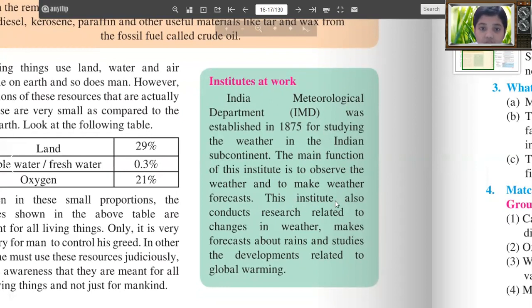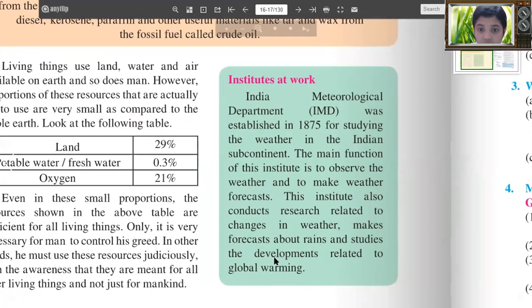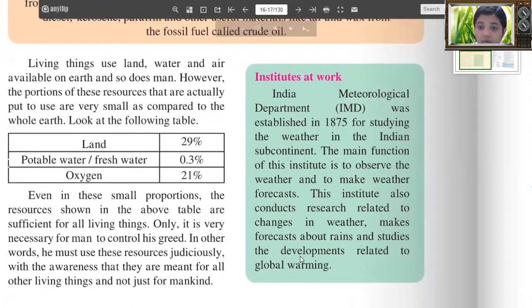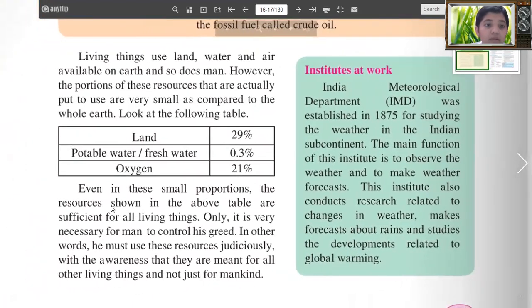This institute also conducts research related to changes in weather, makes forecasts about rain, and studies the developments related to global warming.